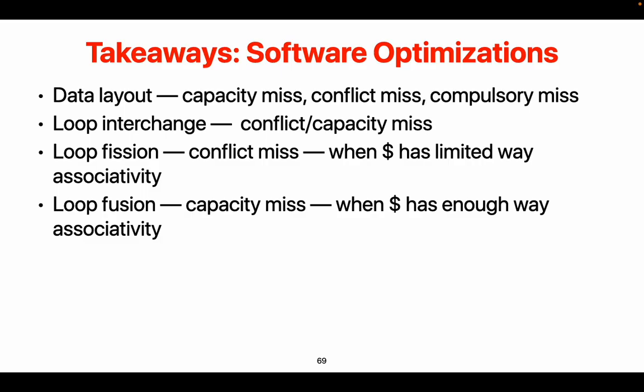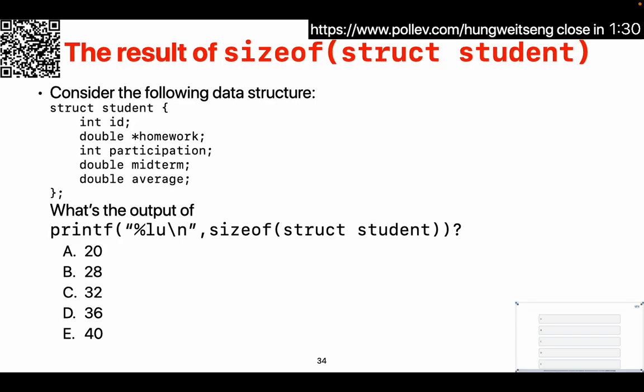I cannot assume which processor you are going to run on, so the compiler typically won't do this automatically for you. That means as a programmer, you have to know more about your code. And now the next question, can you answer this question for me?